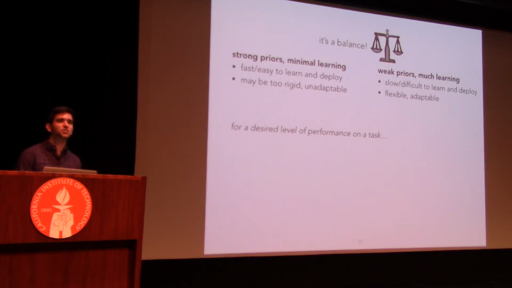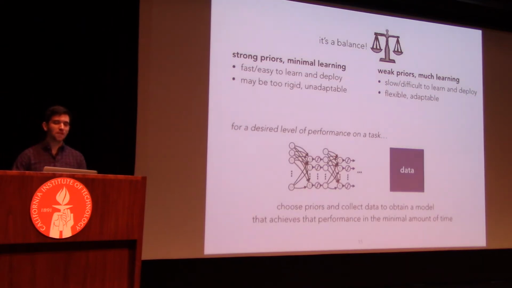So if you're approaching some new task, if you're given a data set and you say, hey, I want to perform this task given this data, then you have to ask yourself, what kind of performance do I want on this task? And once you decide, okay, this is the kind of performance that I'm shooting for, then you can say, this is the set of assumptions that I can make, and this is the amount of data that I'm going to need in order to learn the function on top of those assumptions.